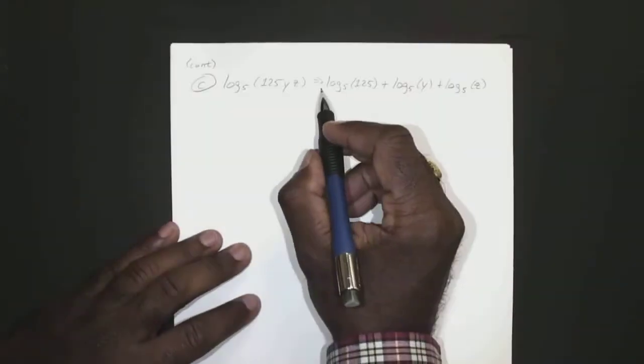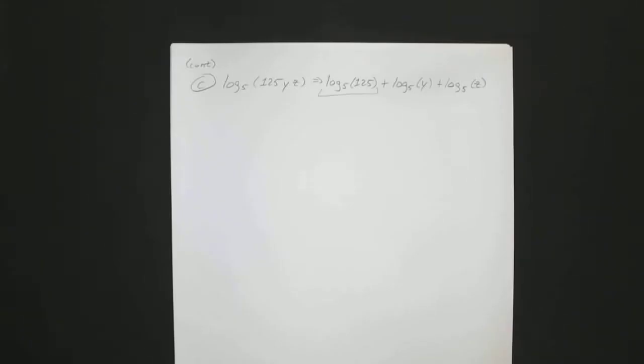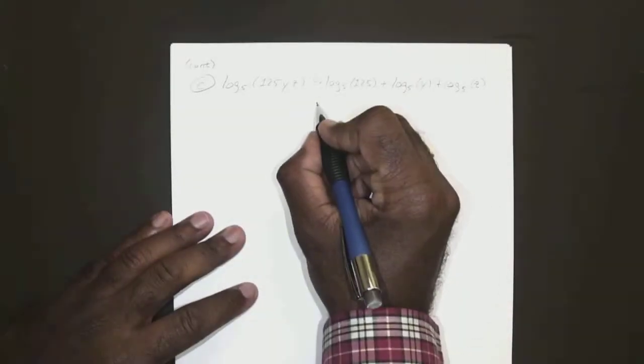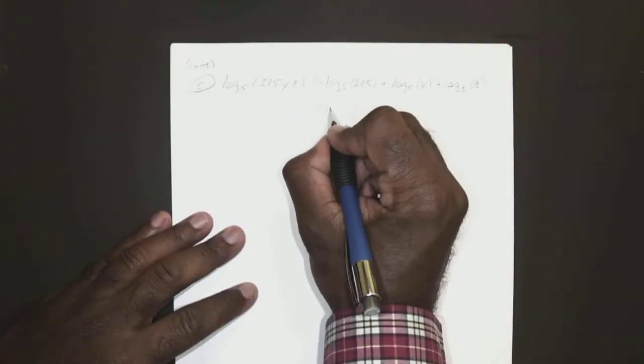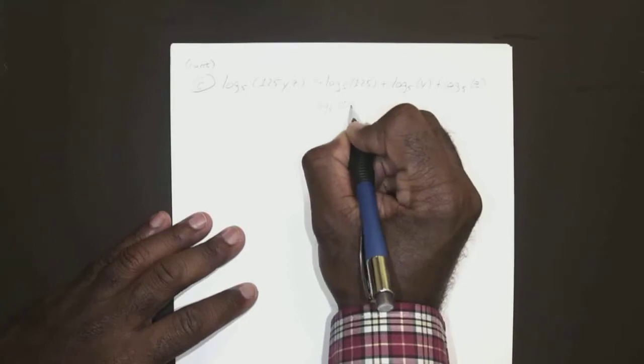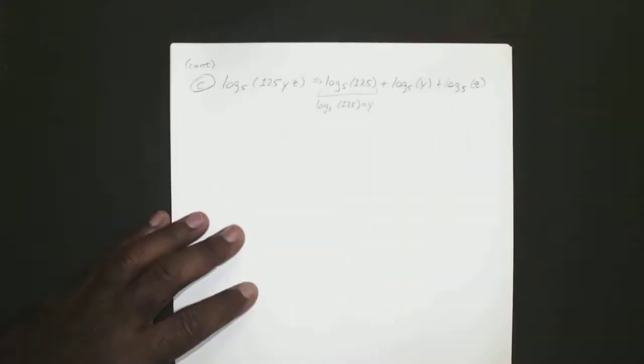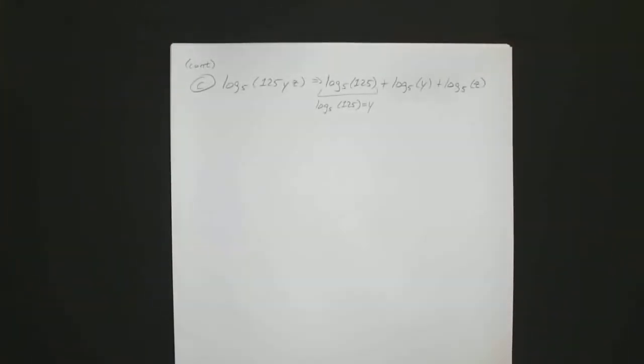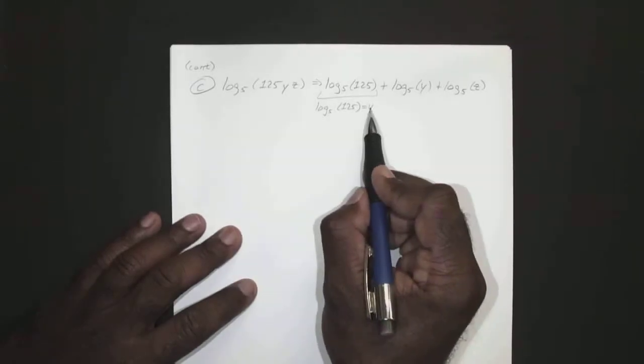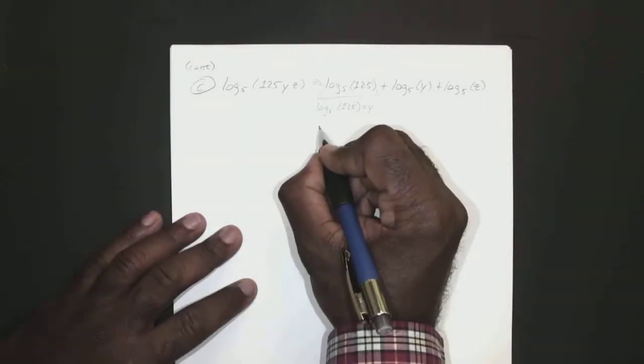Here we can actually simplify that one. We have log base 5 of 125 equals y, so 5 to the power of y equals 125.